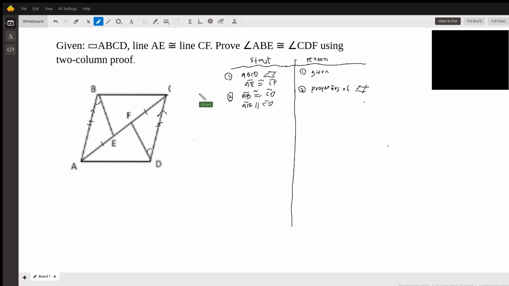Now I'm just going to state that these two angles are congruent because they're alternate interior angles. You might have a little trouble seeing that. So let me just extend this line here, and I'm going to extend these parallel lines, AB and CD.